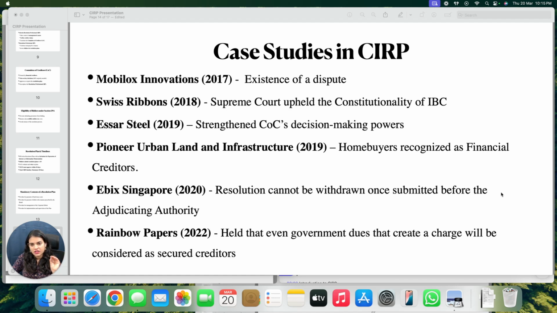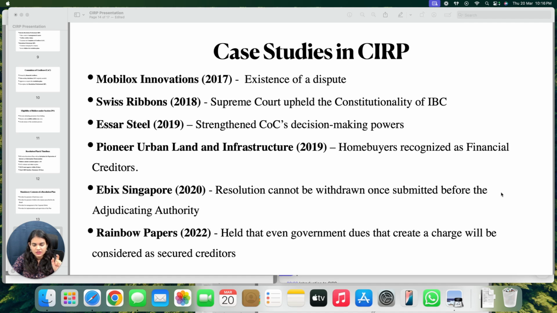So in Mobilox Innovations versus Kirusa Software, this was a case of an operational creditor initiating CIRP.